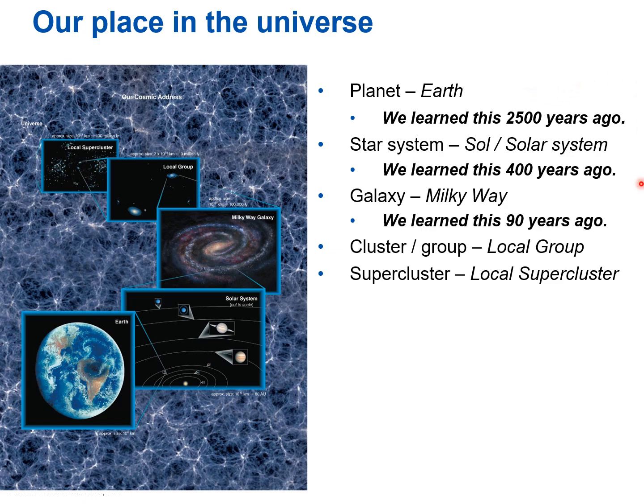We learned that about 400 years ago. That it's part of a galaxy, which is one of many galaxies. We learned that about 90 years ago. And once we learned that there are many galaxies, we soon learned about clusters and groups and superclusters.